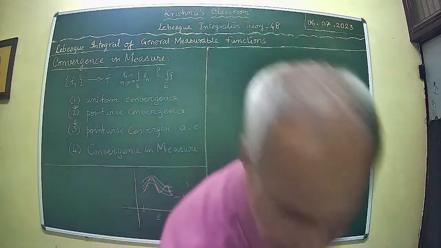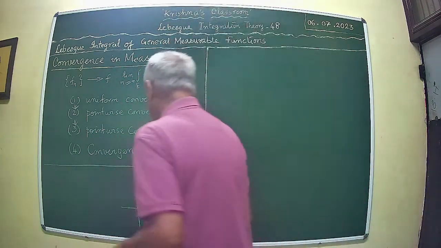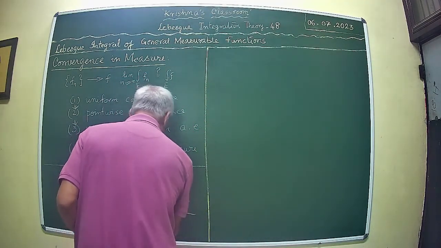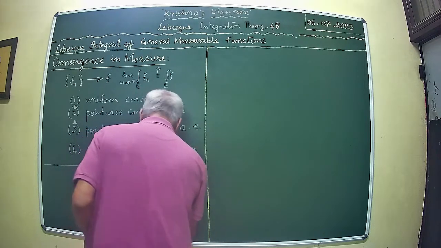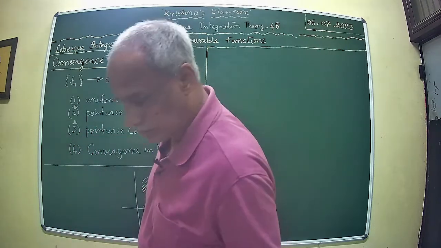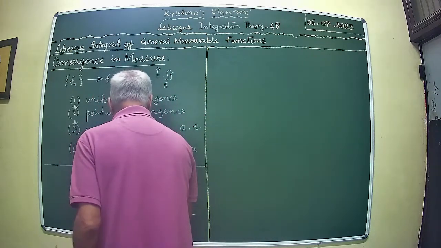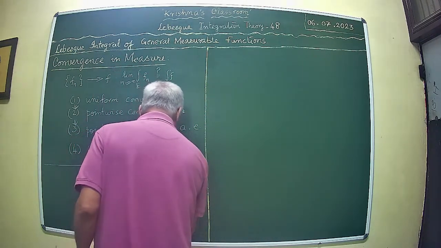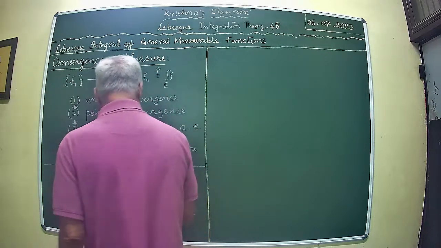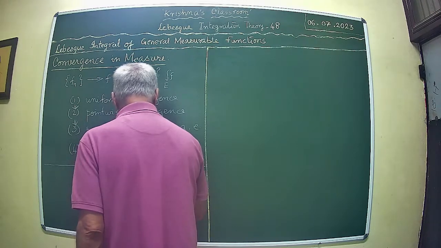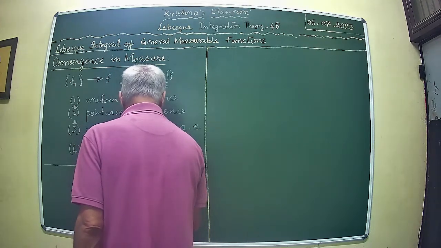So this is f plus eta, and this is f minus eta, where eta is some positive number.